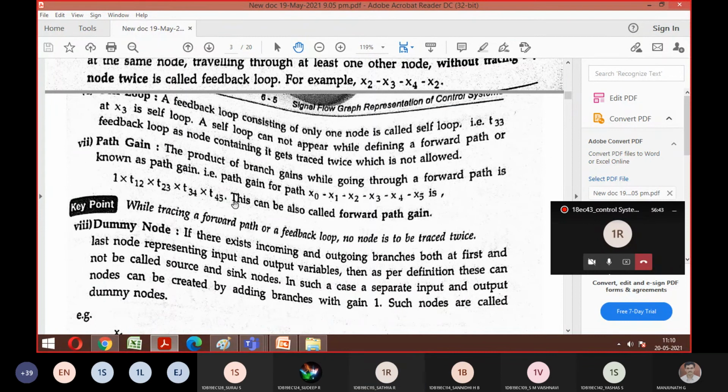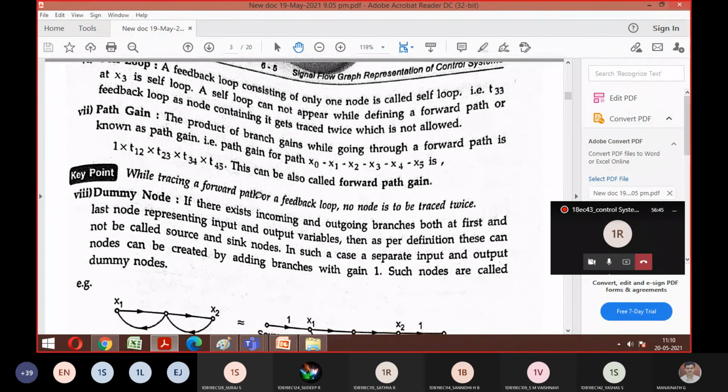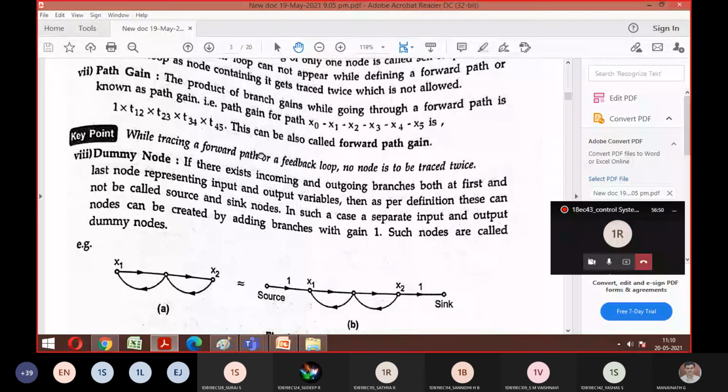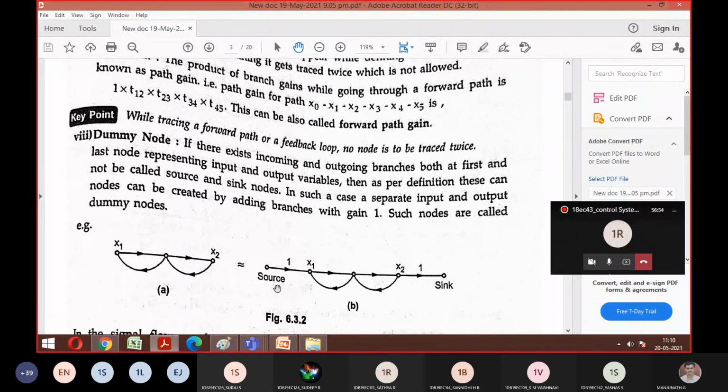Next is called the dummy node. This dummy node will play a role while solving problems. Look at the difference between the first diagram and the second diagram. What is missing in diagram A? The source and sink. There is no input or output node mentioned.